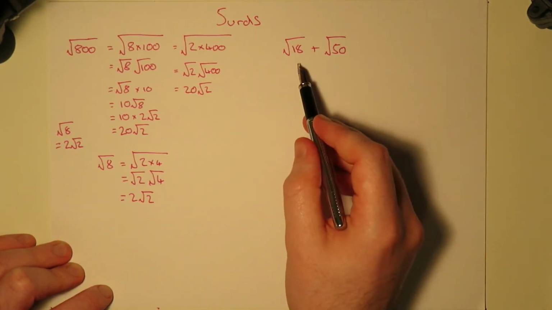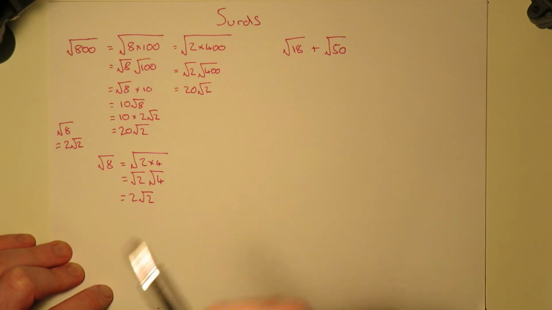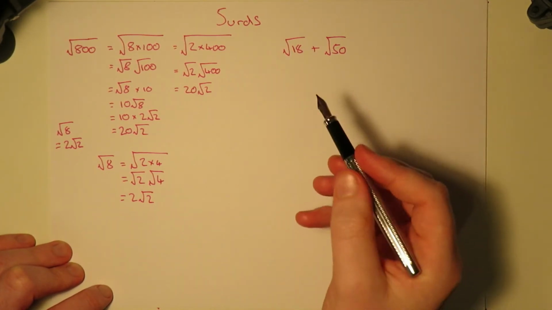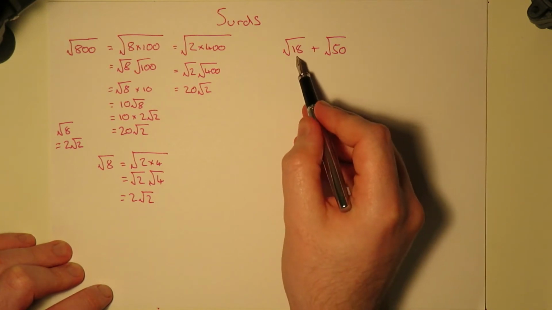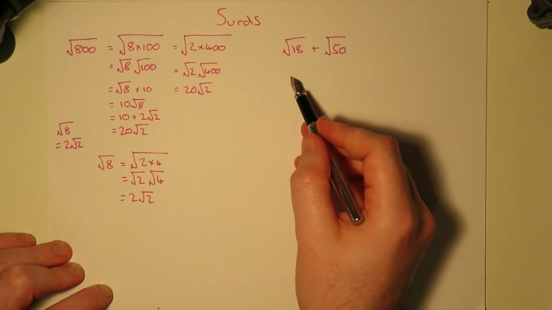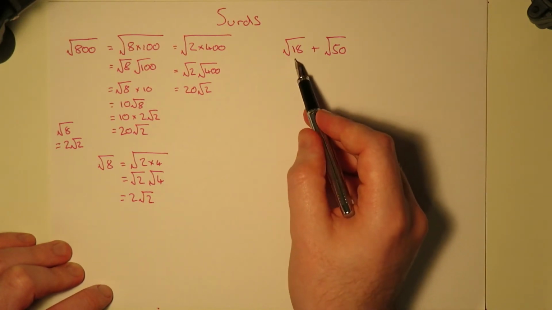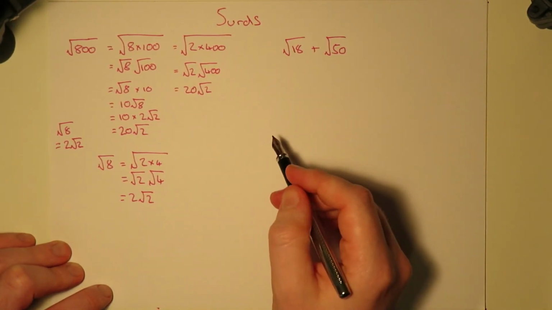And they will always arrange the question in such a way that they will both simplify to include the same square root. So you don't need to worry about whether this is going to be in terms of root 2, or root 3. You don't have to worry about any of that.